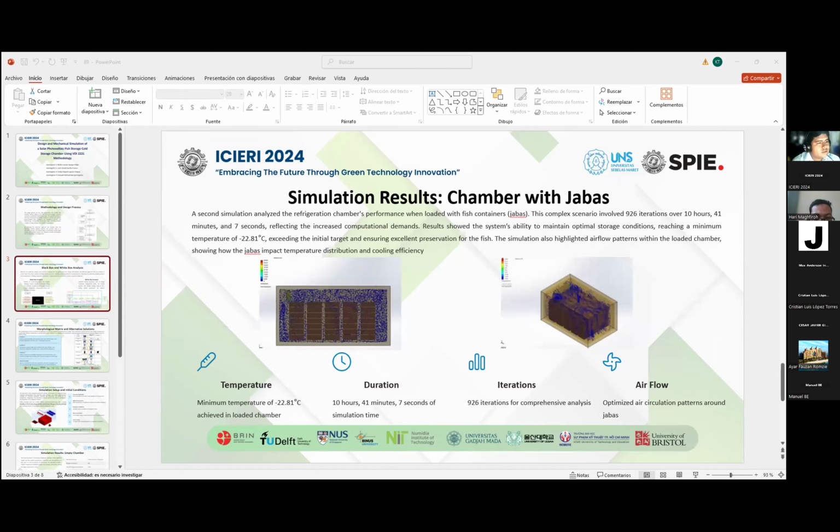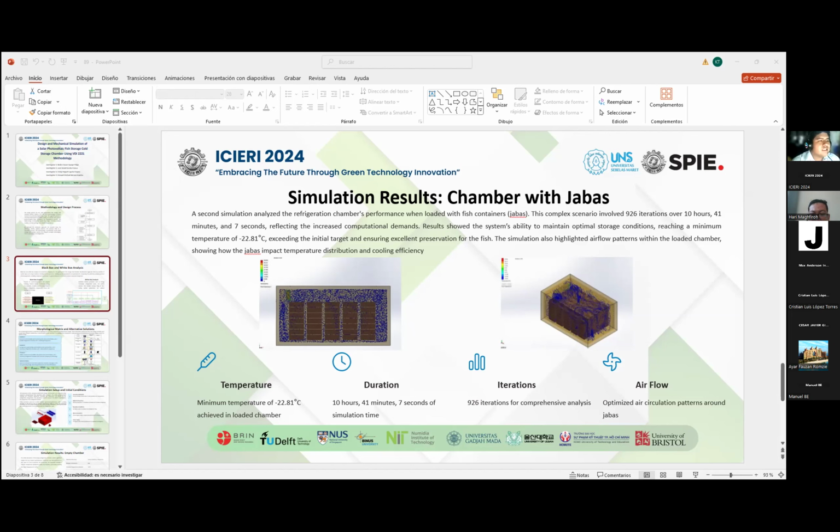Simulation results, chamber loaded with fish. A second simulation analyzes the refrigeration chamber's performance when loaded with fish containers. This complex scenario involved over 10 hours, 14 minutes and 7 seconds, reflecting the increased computational demands.